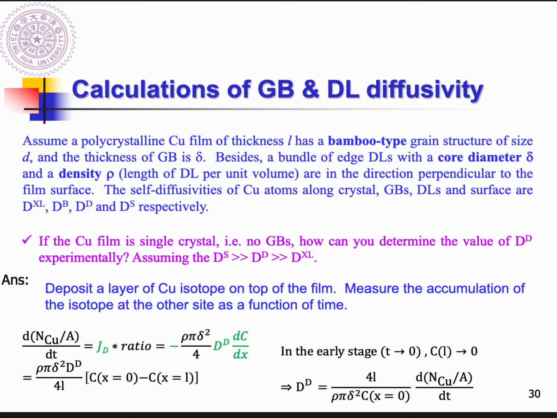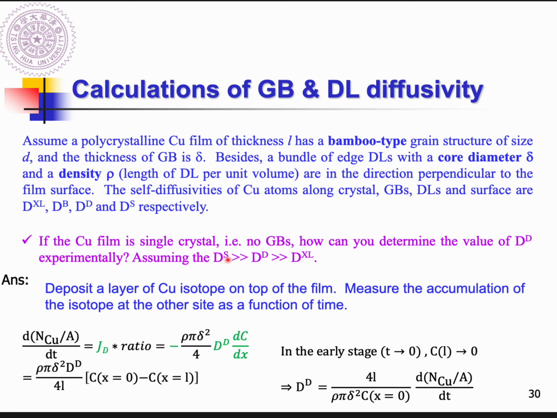And the last question is, if the copper film is a single crystal, that means there's no grain boundary inside this material. How can you determine the value of Dd experimentally? And also we assume Ds is much larger than Dd, which is much larger than Dxl. So we don't have the grain boundary part.